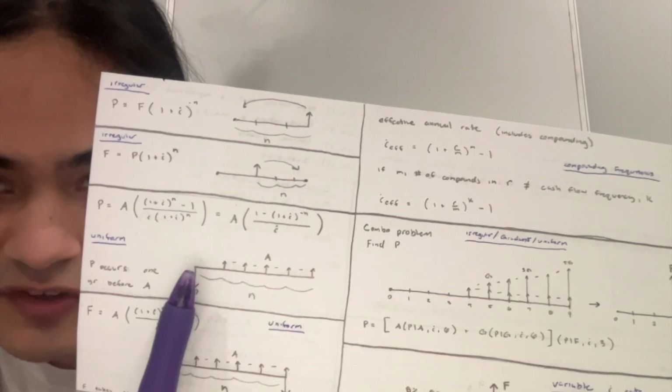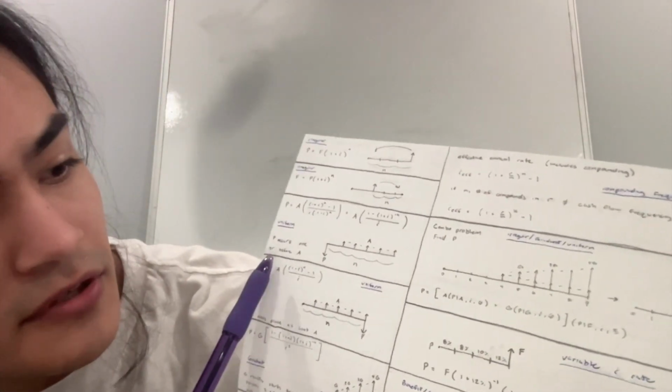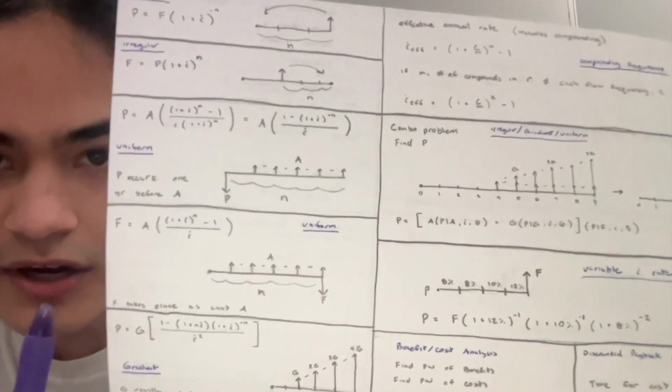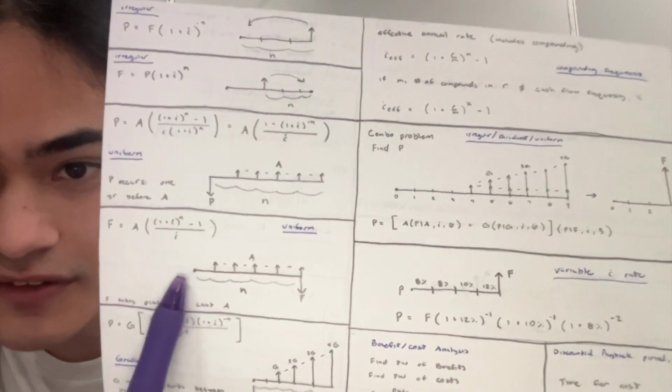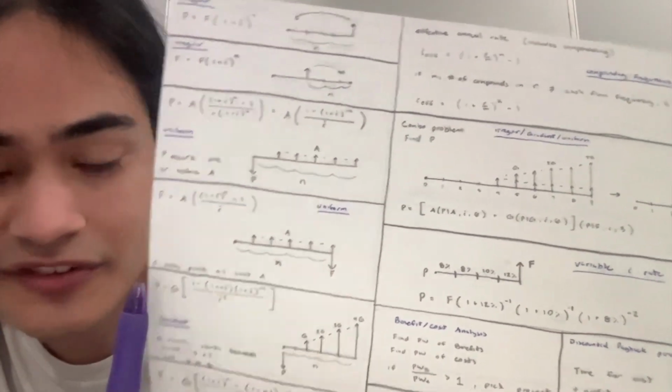So this is 0, 1, but it still jumps here. That's important, what does it say here? P occurs 1 year before A. Okay, yeah. This is the same thing, but you want to convert the annuity to a future cost, and then A occurs at the last year's F. Yeah.